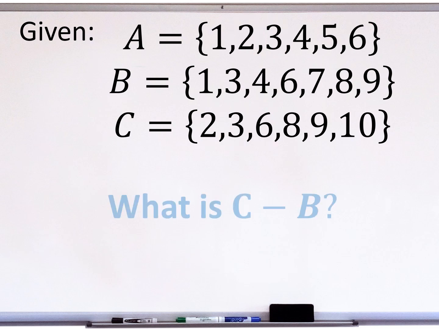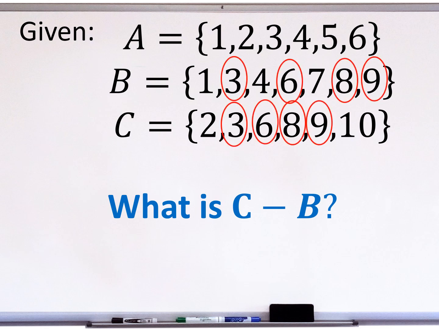Okay. How about C minus B? The difference between set C and set B. Again, determine the common elements between set C and B. They are the numbers 3, 6, 8, and 9. So, take note kung ano po yung nauna po sa operation. Si C po ang tinatanong dito, C minus B. So, take a look at set C. Tignan maigi po siya dyan, si set C. Ano yung natirang number?